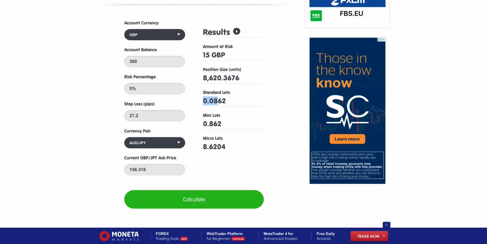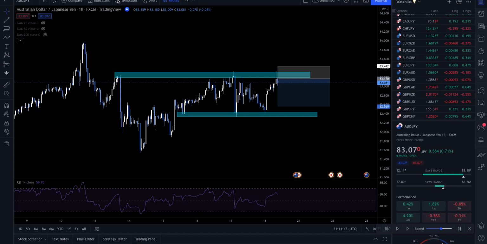And this figure under standard lots is the lot size or the decimal that you'd be entering at the top of your MetaTrader before placing your buy or sell trade. And in this case, we're obviously doing a sell trade. So we'll come back onto here. We've identified that our stop loss is set at 83.442.